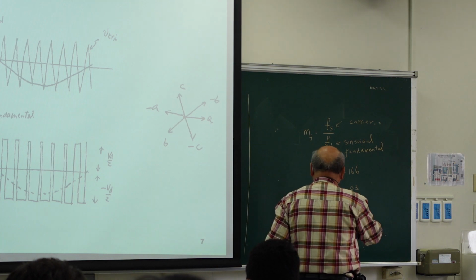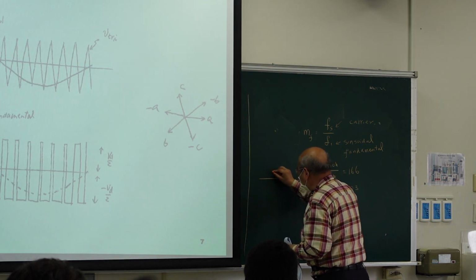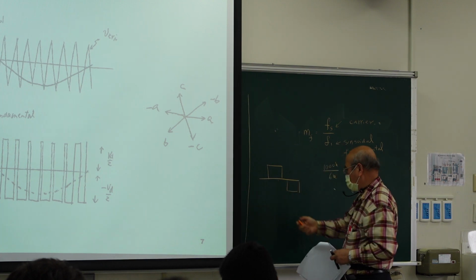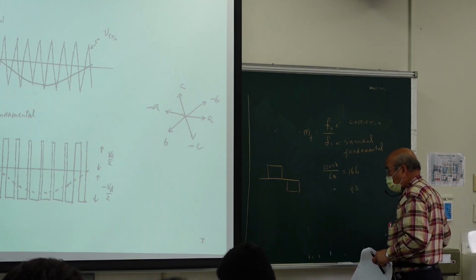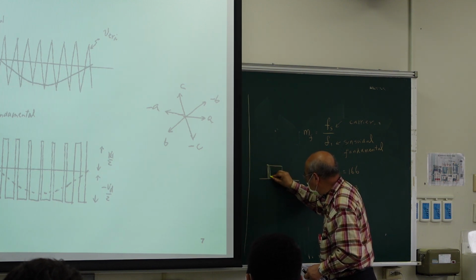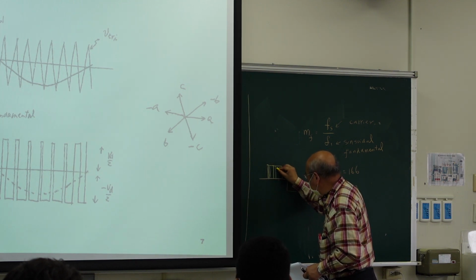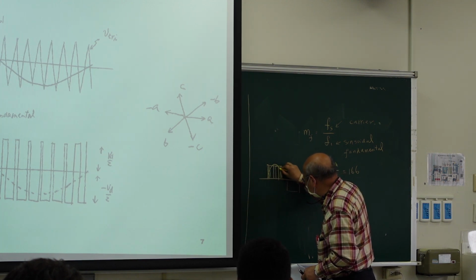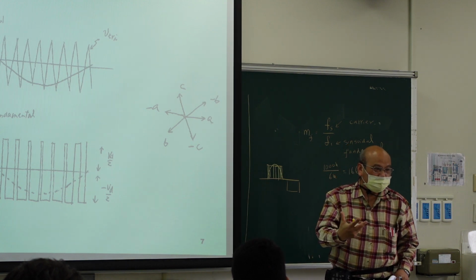For the square wave, we have this waveform. But now, for the carrier, we have this waveform. So which one is close to sinusoidal, the square wave or PWM?